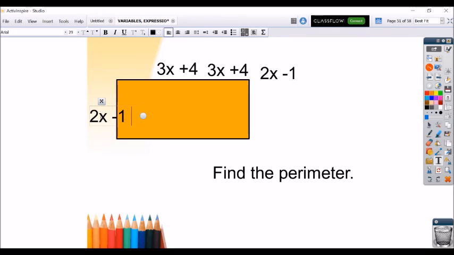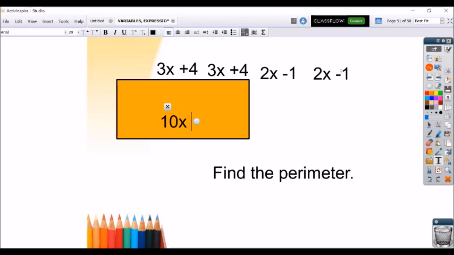So we're going to collect like terms. So basically here I'm doing 3x plus 3x, which is 6x. 2x plus 2x is 4x, and 6x plus 4x is 10x. So then I have 4 plus 4, which is 8, minus 1 goes back to 7.